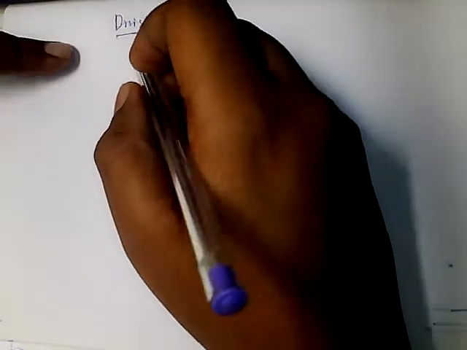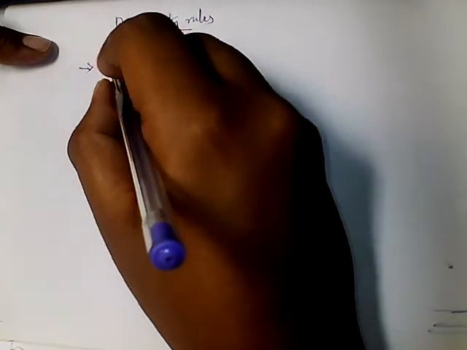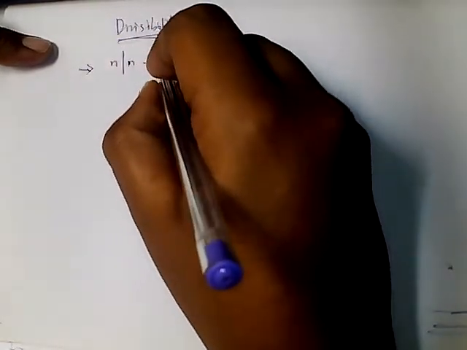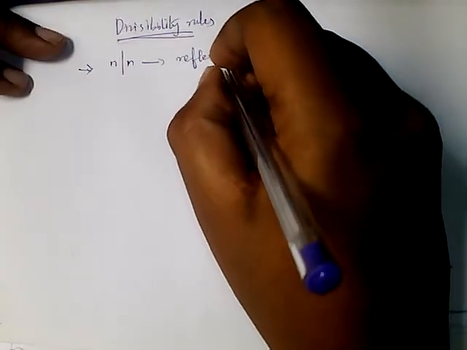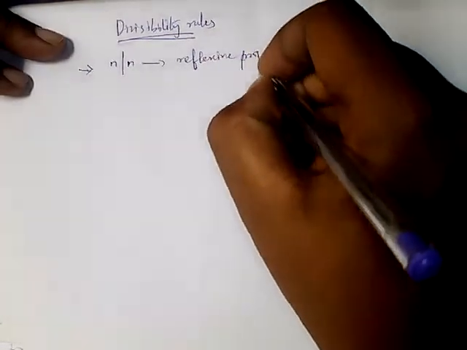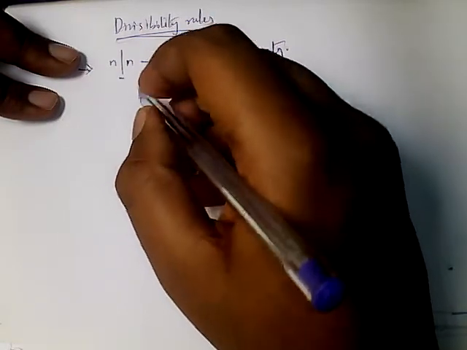Alright, so just giving you some examples. One of the divisibility properties is that n divides n. We call this the reflexive property. This sign right over here denotes divides.